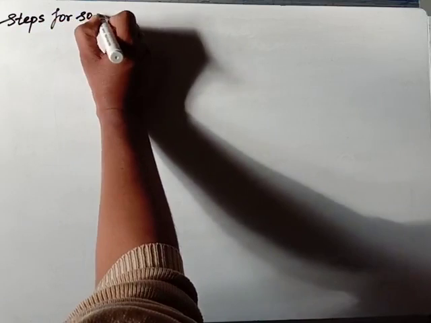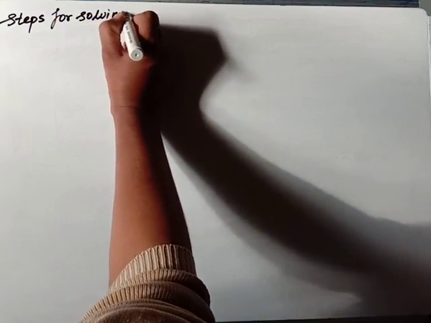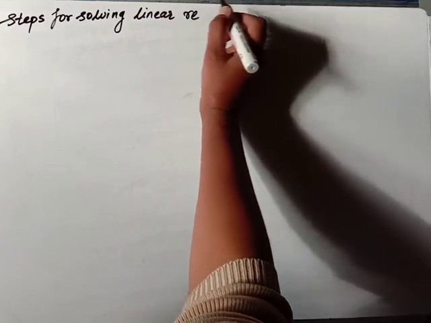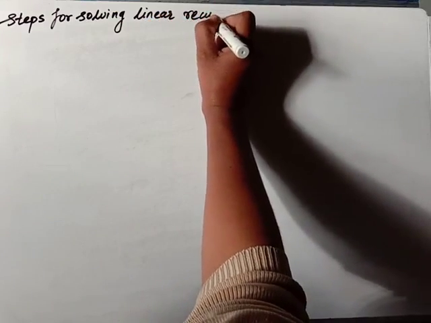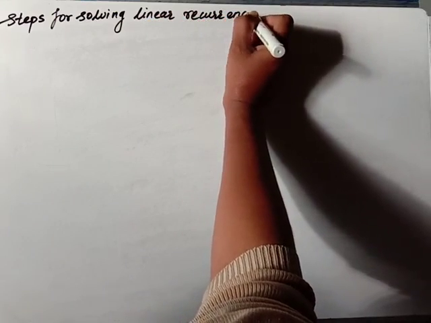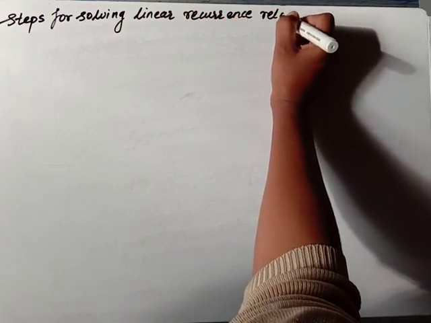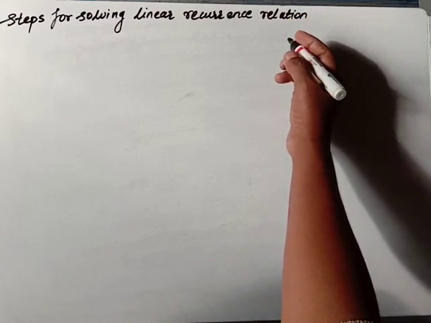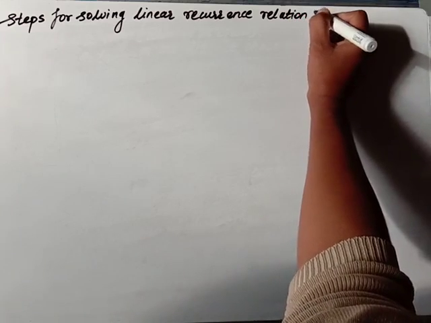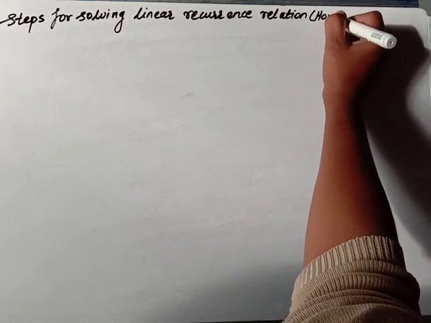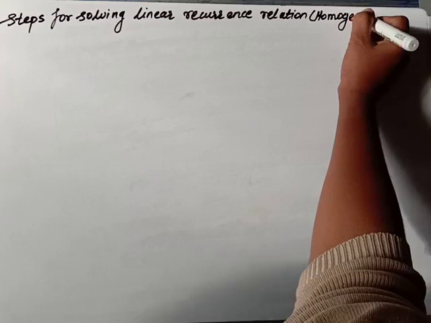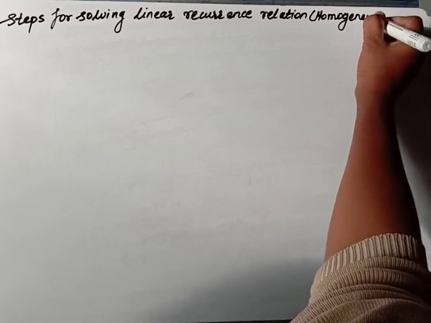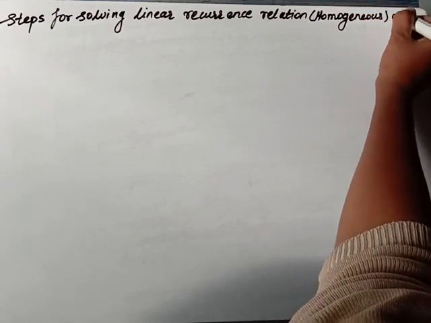Steps for solving linear recurrence relation, but of which kind? It is of homogeneous, of order k.